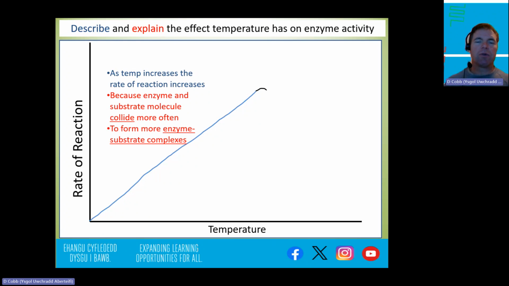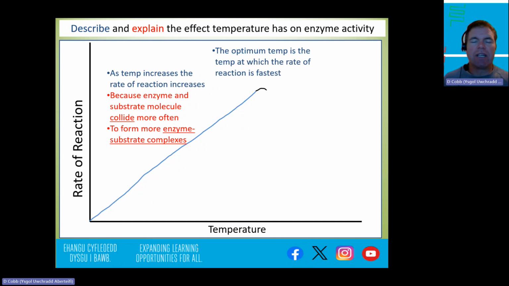If we continue with this description of what's going on, we look at that graph, you can see that, yes, to begin with, we've had as temperature increases, rate of reaction increases, but then the graph seems to top out, seems to peak. And I've shown it there in black. We can only really do a description on that. And we just say that there is an optimum temperature, and it's the temperature at which the rate of reaction is fastest.